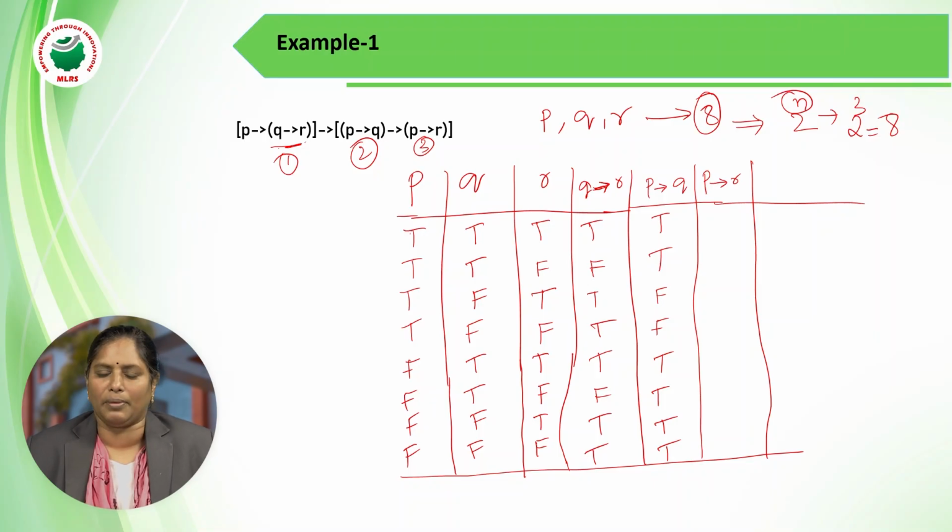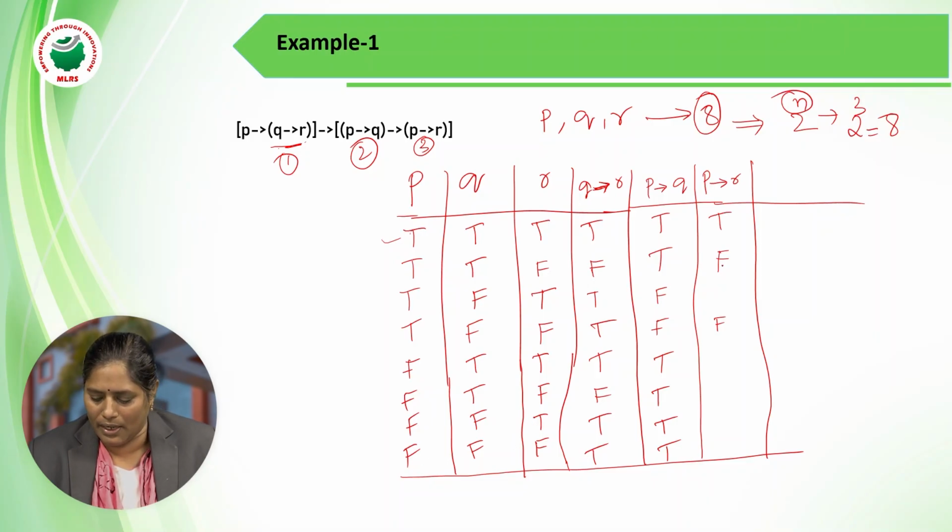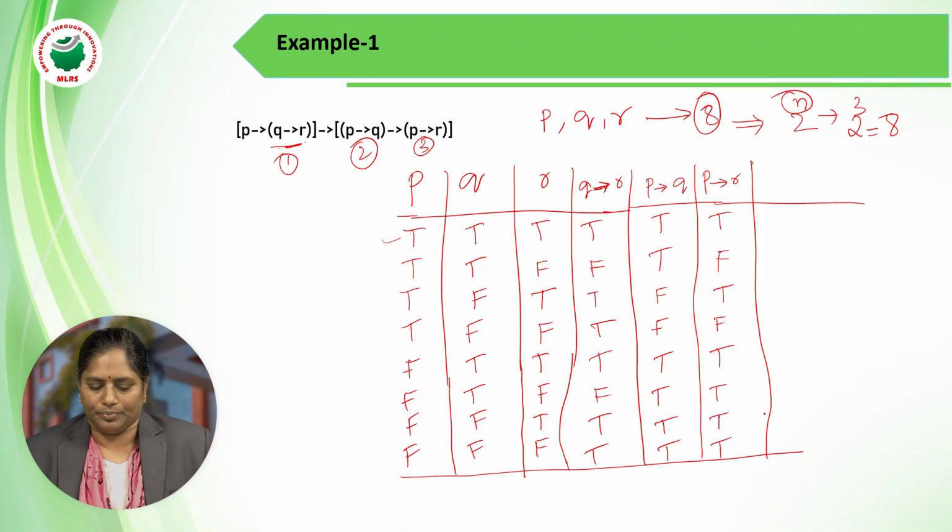Again I am checking the implication value for true false. The first one is true true, the second one is true false, so it is false. Again true true, the fourth condition is true false, again false true, false false, false true, false false. So in the remaining cases it is true, simply true.